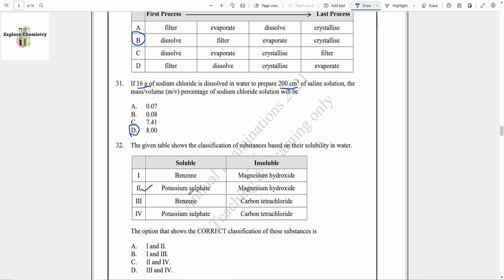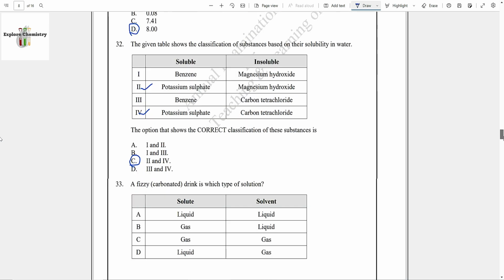This is correct because it is ionic compound. Magnesium hydroxide is also ionic, but it is least soluble in water. Then 3 says benzene soluble, it is also wrong. 4 says potassium sulfate soluble and carbon tetrachloride insoluble, because this is a non-polar compound. 4 is also correct. So option C says 2 and 4, therefore it is the correct answer.